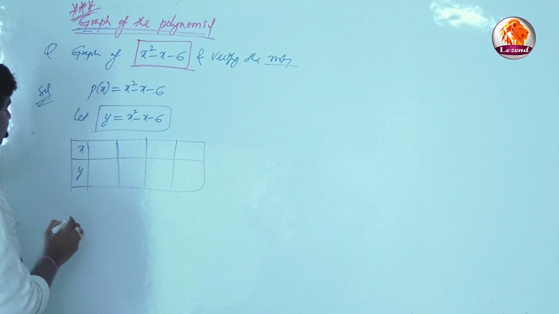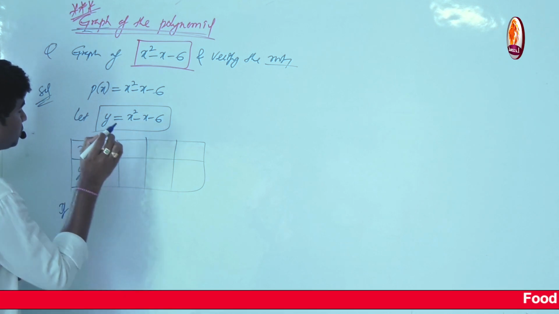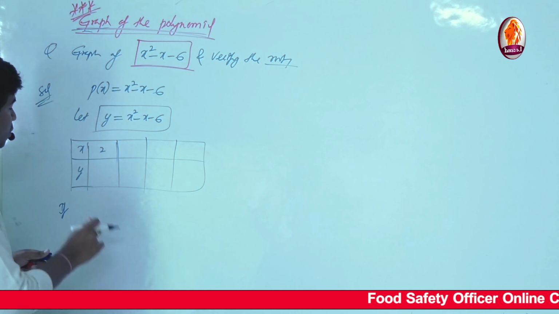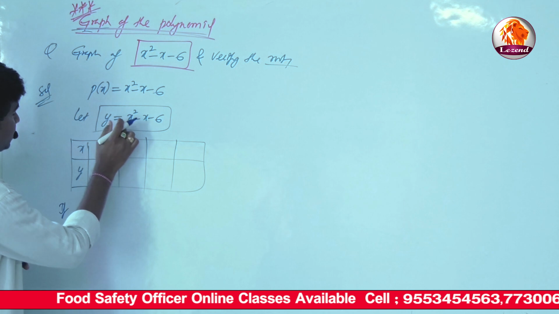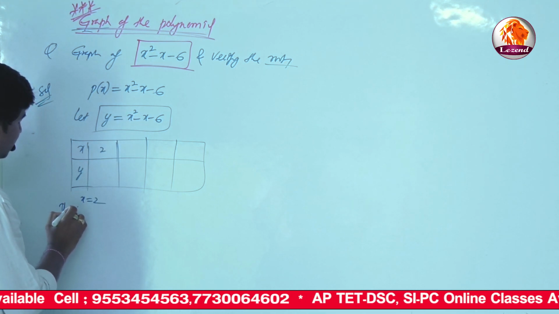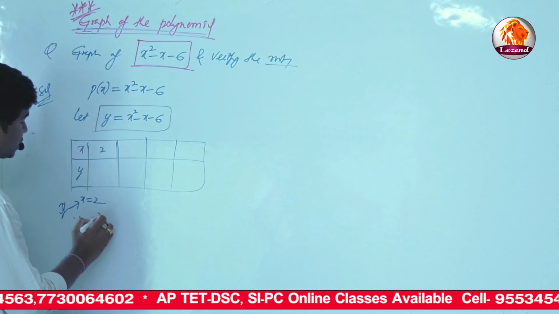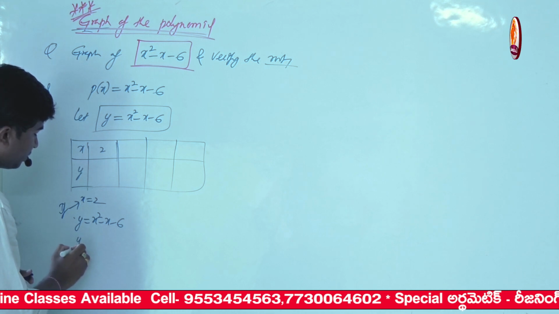In case 1, if x value is 2, what is the value of y? Here, if x value is 2, then y is equal to x square minus x minus 6. Substituting the x value, we get the y value.